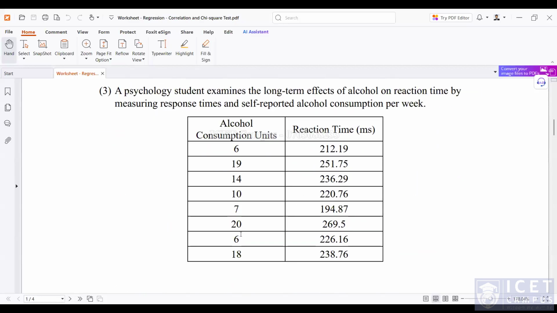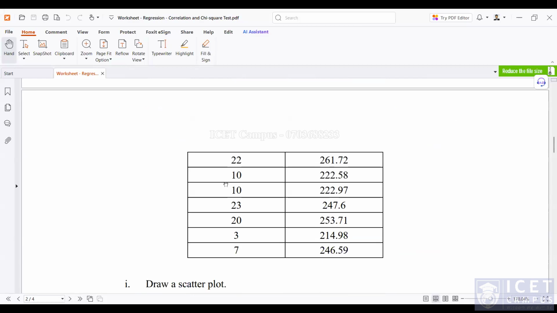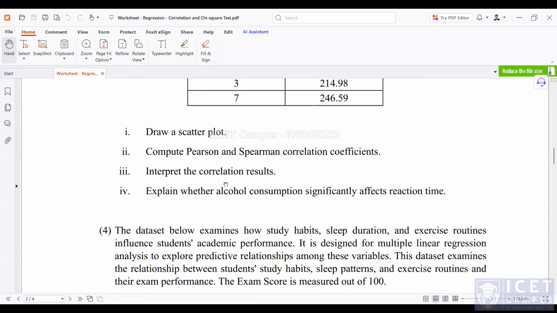Question number 3. A psychology student examines the long-term effects of alcohol on reaction time by measuring response time and self-reported alcohol consumption per week. Draw a scatter plot.